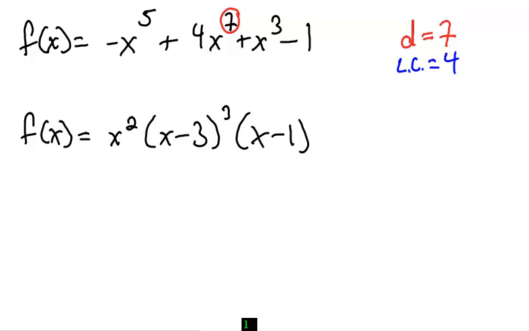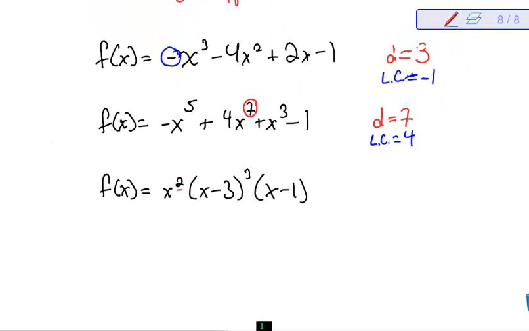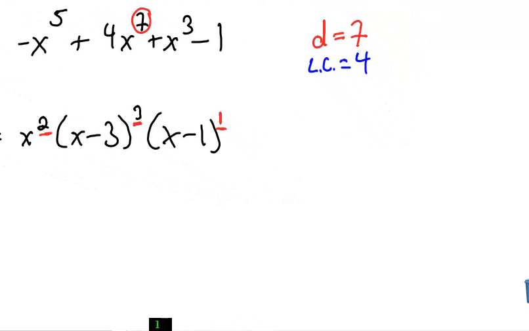What we do in this case is we say, here's 2 x's, here's another 3 x's, and this one has an understood 1, and we add up our exponents. Because if we were to multiply this all out, that's what our largest exponent would be. So we have 2 plus 3, which is 5, plus another one, so our degree is 6.